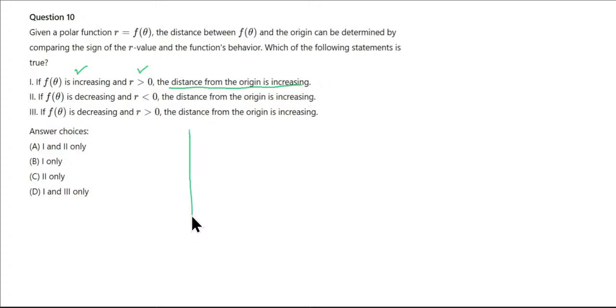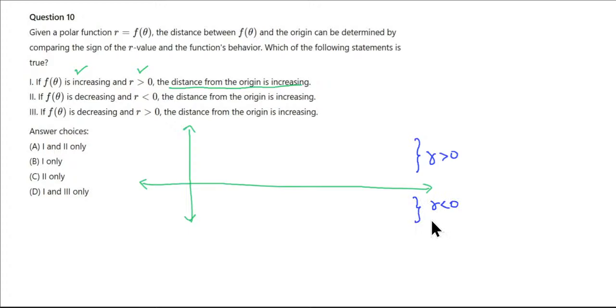Let me do that. This is the rectangular coordinate. There are two things that you have to understand. If you are doing a polar equivalent in the rectangular form, r is positive whenever the function is above the x-axis and r is negative whenever the function is below the x-axis.